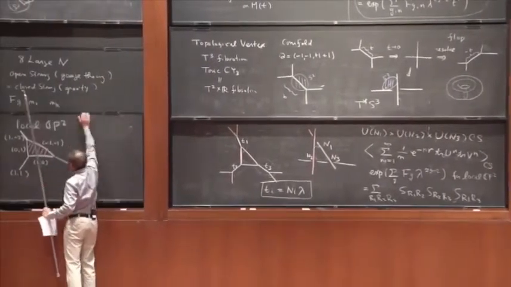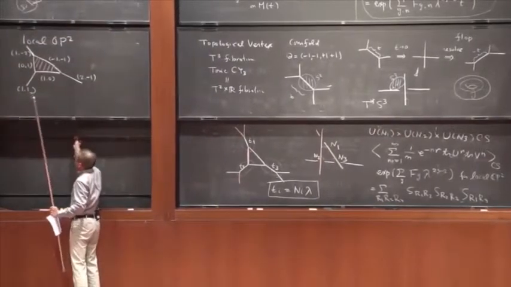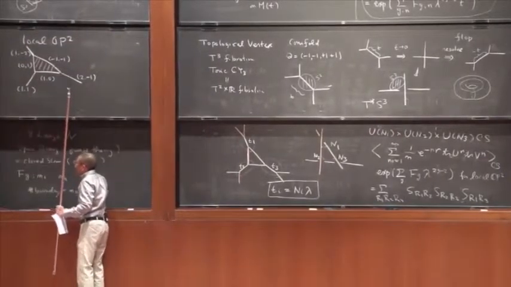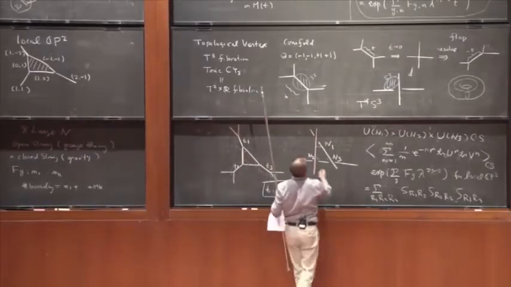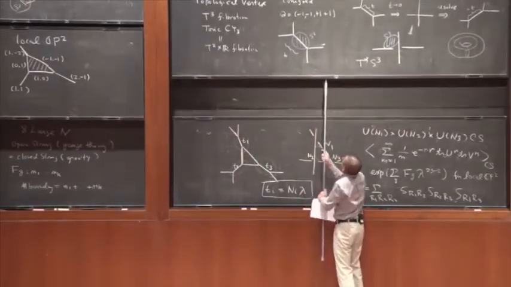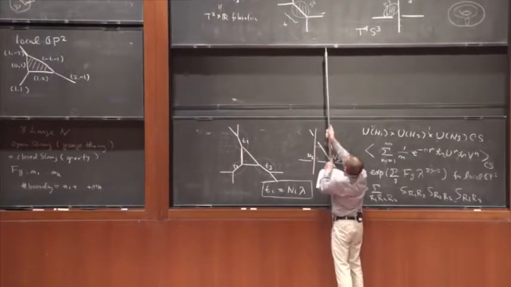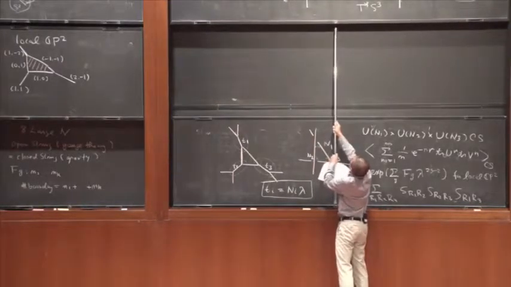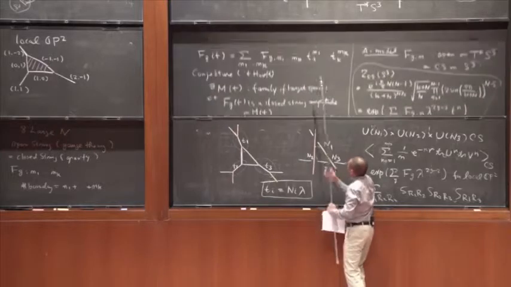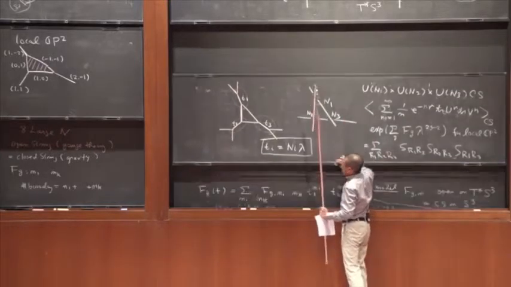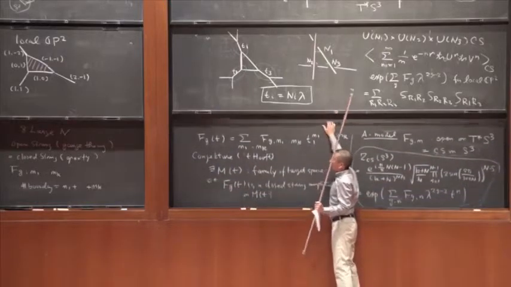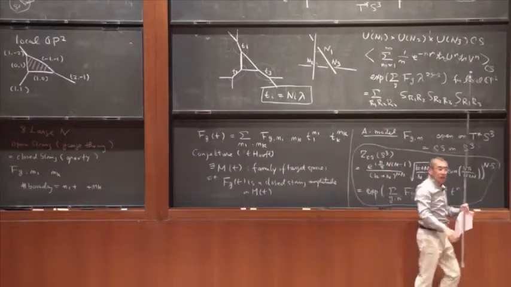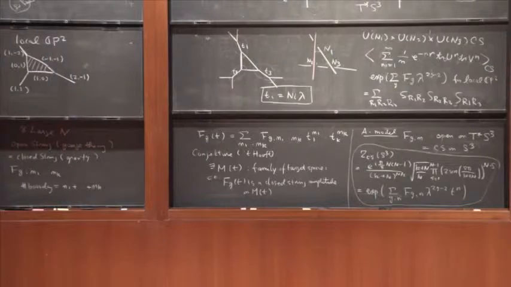So I told you that in the case of the A model, the D-branes are Lagrangian submanifolds. And if you wrap a D-brane on that Lagrangian submanifold, then the resulting open string theory is a Chern-Simons theory on that Lagrangian submanifold. And this gives rise to the topological vertex construction that I just discussed. So you can ask what happens in the case of the B model.